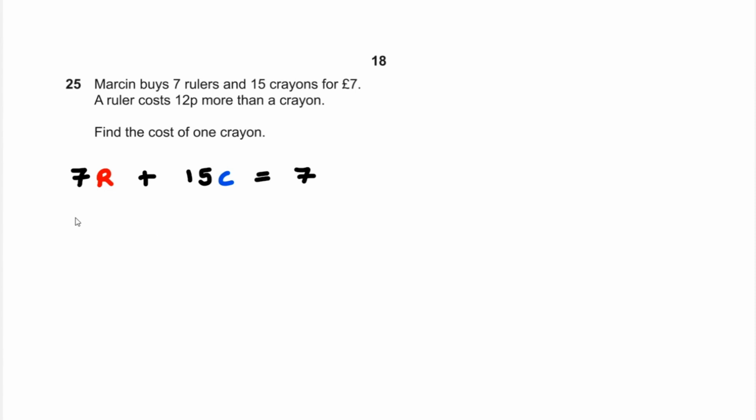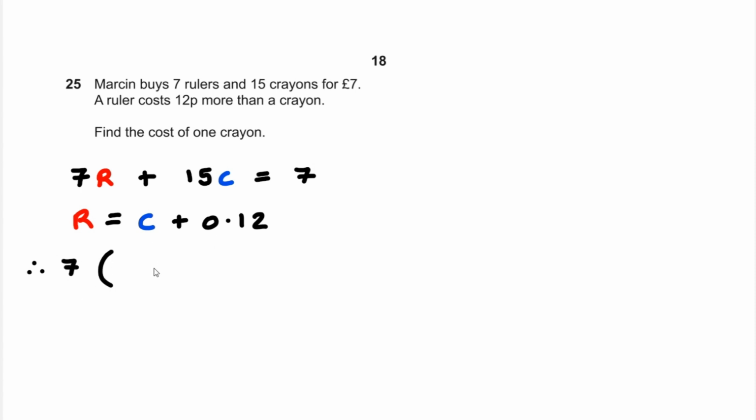And we know that a ruler costs 12 pence more than a crayon, so we've got the price of a crayon plus 12 pence, and 12 pence in pounds is 0.12. So we can replace the R with C plus 0.12.